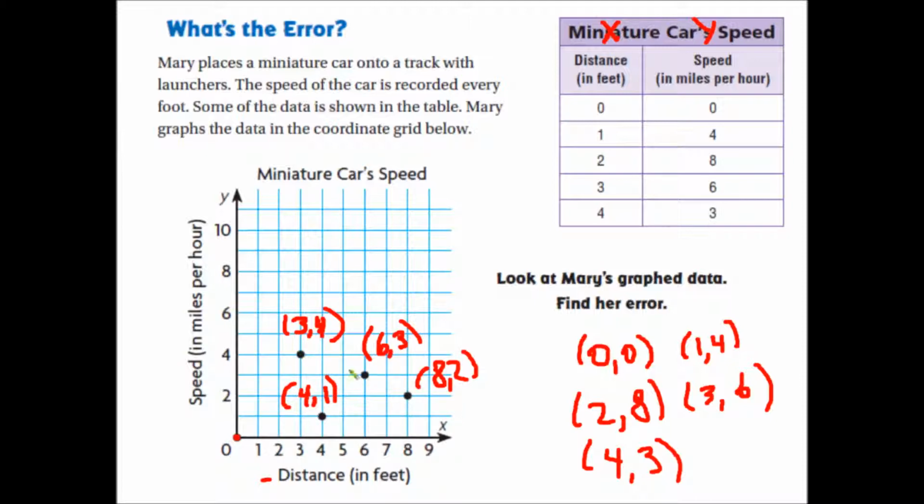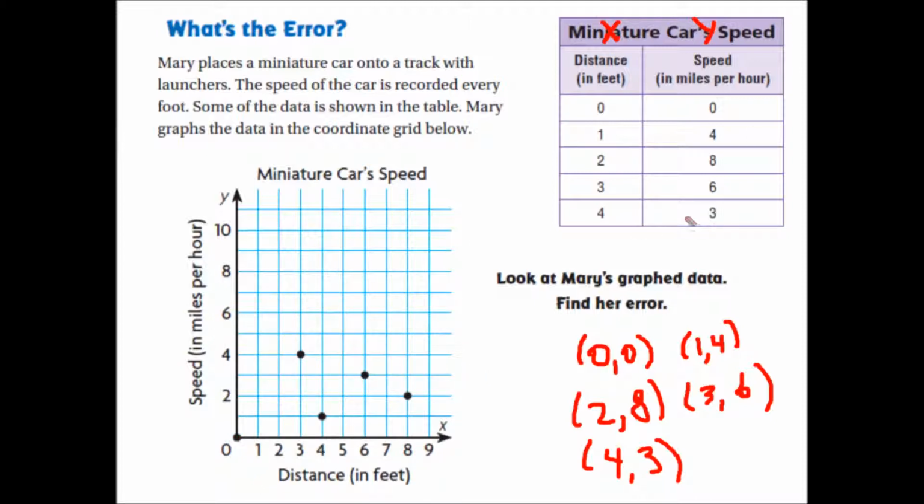So I'm going to graph the correct data on top of the incorrect data, and then you'll be able to see how different they are and how much this can ruin your graph and give you false data if you flip the X and Y.